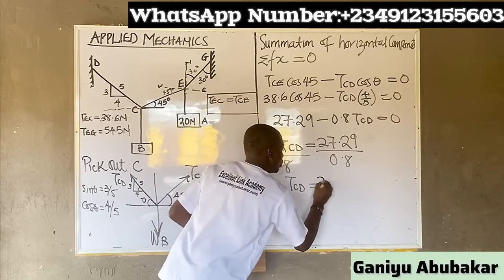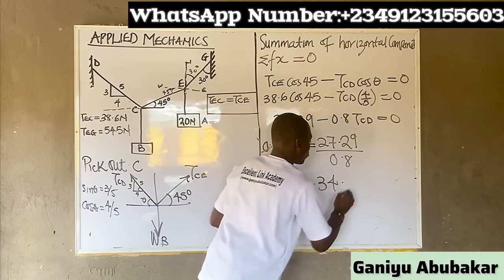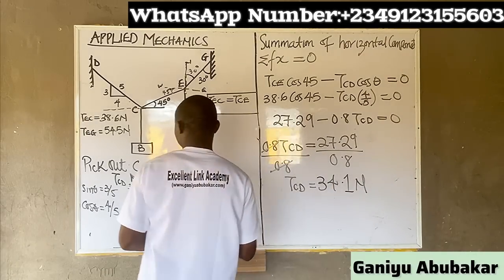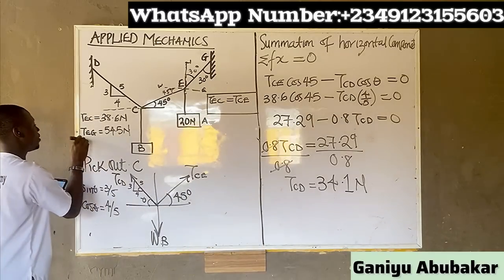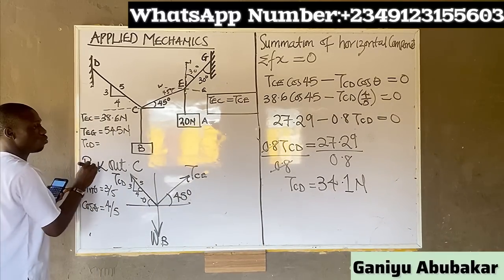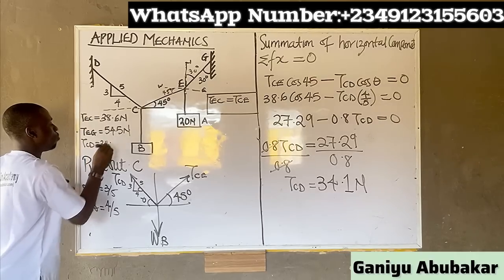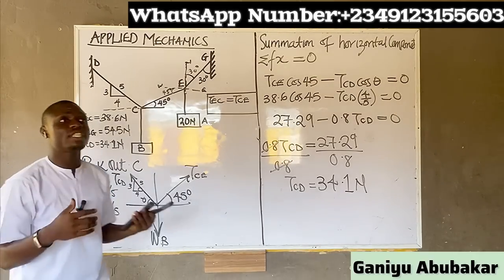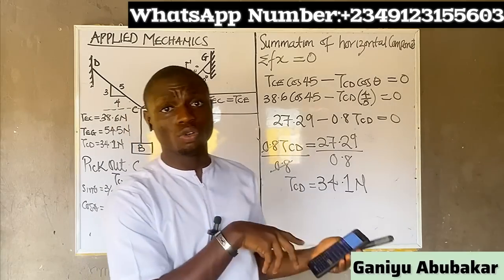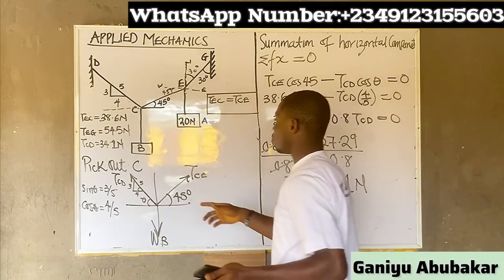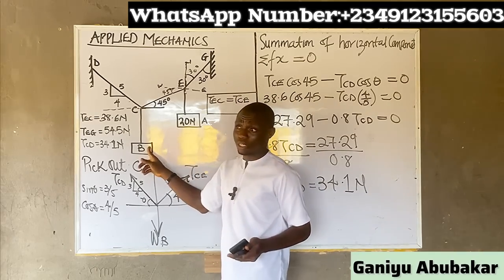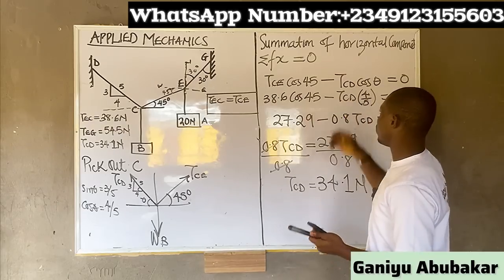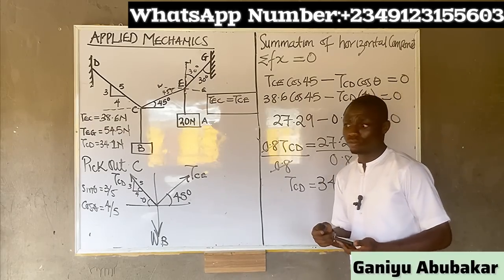That gives 34.1 Newton. All right, I've gotten TCD. So I'm saying that TCD is equal to 34.1 Newton. So I've gotten the tension force on each cord. The next thing is to get the weight at B. That's our applied second condition of equilibrium to get that value.